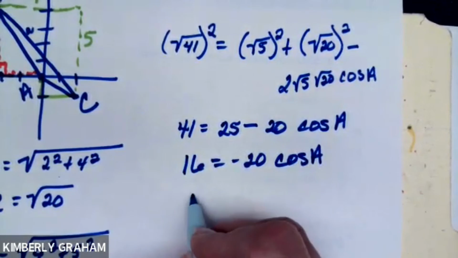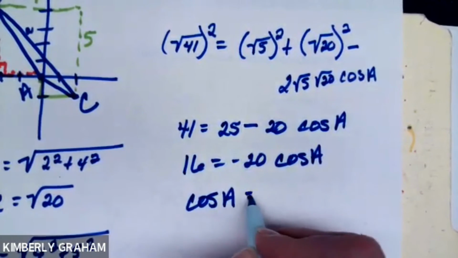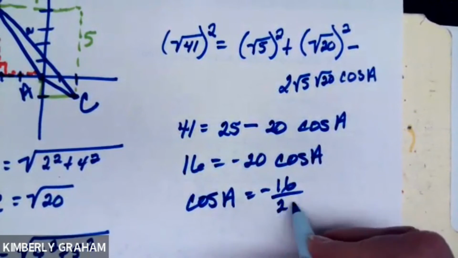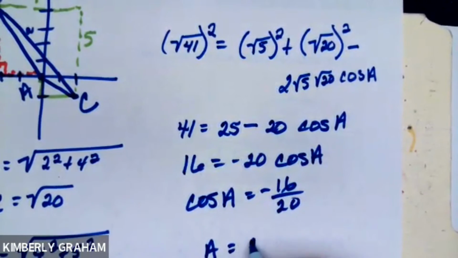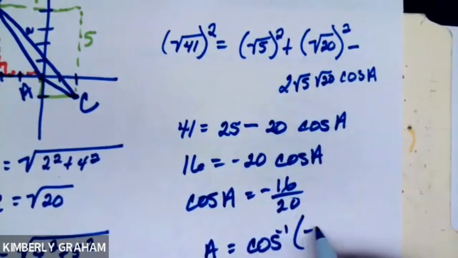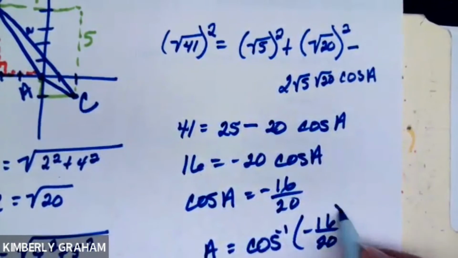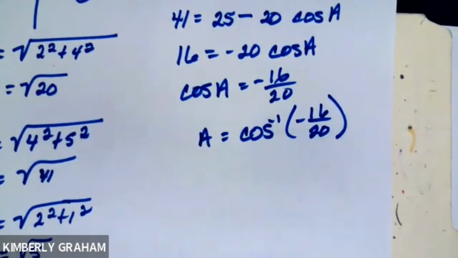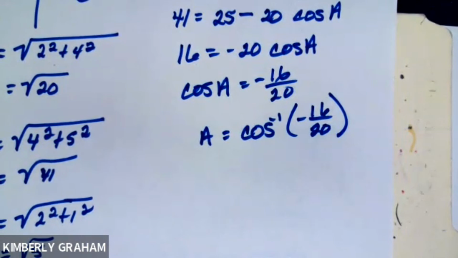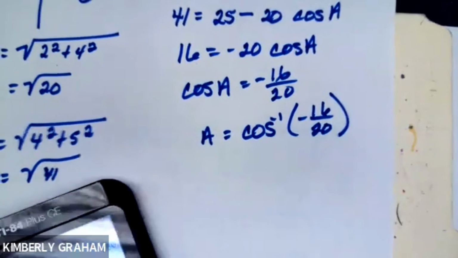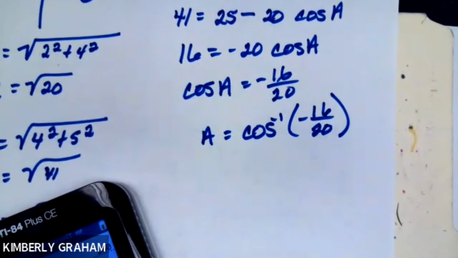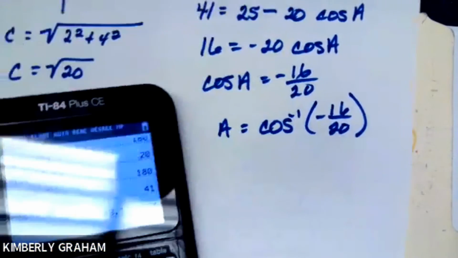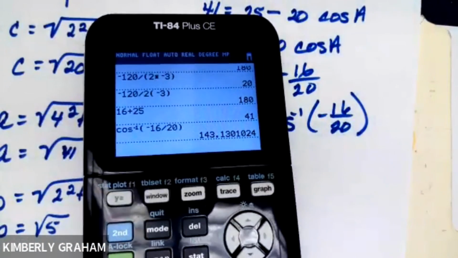And then divide, so cosine of A equals negative 16 over 20. And then you can stick this into your calculator and figure out the measure of angle A. So inverse cosine of negative 16 divided by 20. So you get 143 degrees.